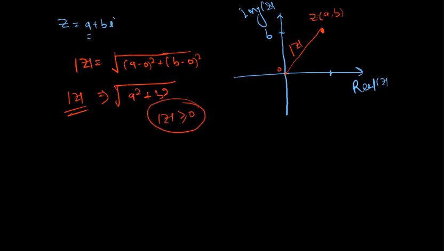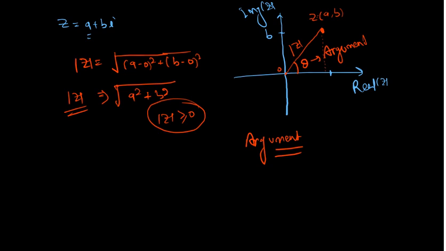Now come to the argument. What is the meaning of the argument? Argument is the angle formed by this line with respect to the real axis. So this angle theta is called the argument. If I want to calculate this argument, can I draw a perpendicular on this axis?